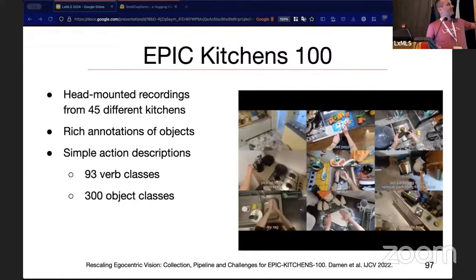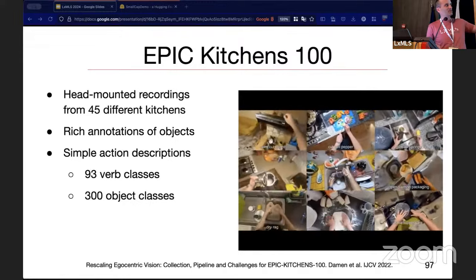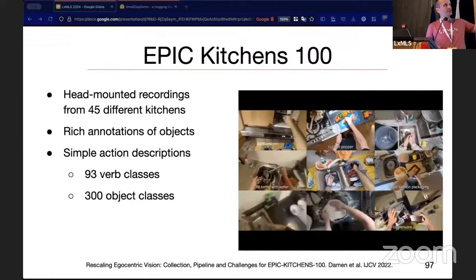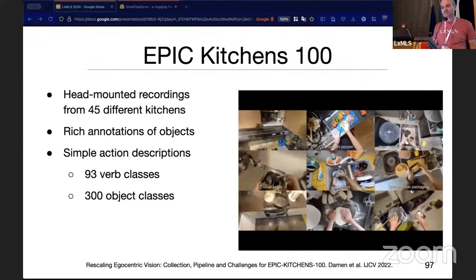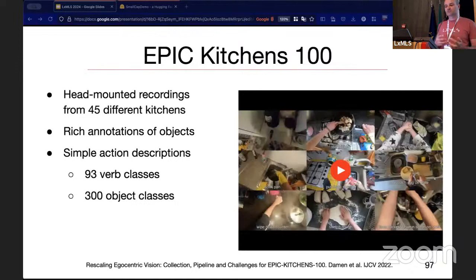And there are really rich annotations of the objects that appear in these head-mounted recordings, and also human-authored action descriptions, which cover 93 different types of verbs and 300 types of objects. And so what I was trying to show here in the example is the visual variety of the data and the complexity of what's happening in it.